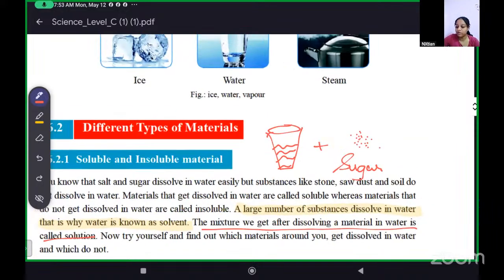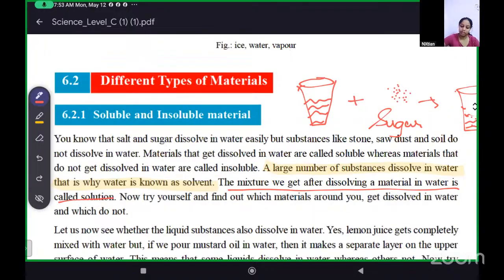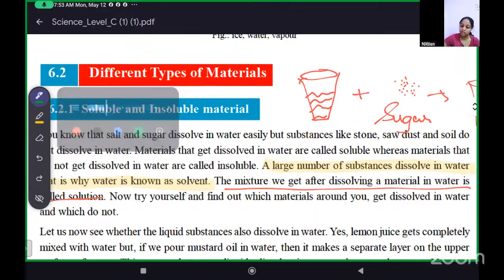When I dissolve it, I will have water in which there is sugar dissolved. So the water that I have will be known as solvent, because water is called solvent since it dissolves many liquids.